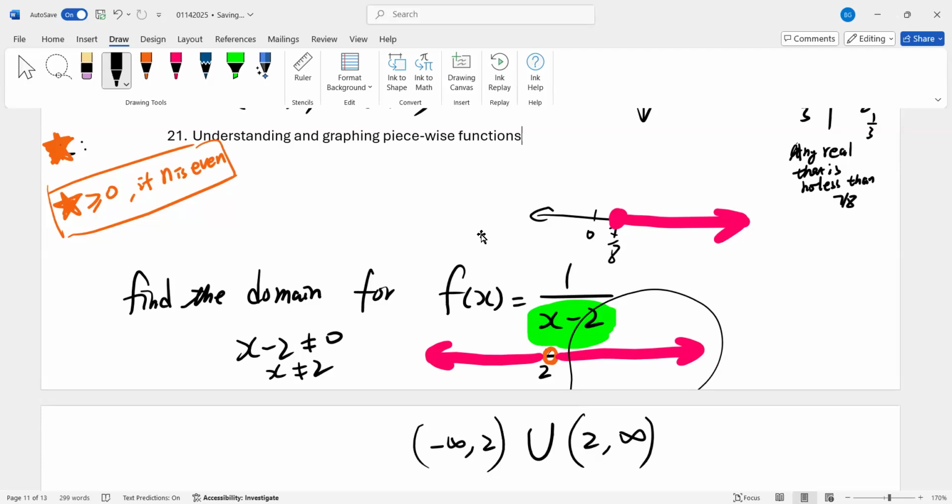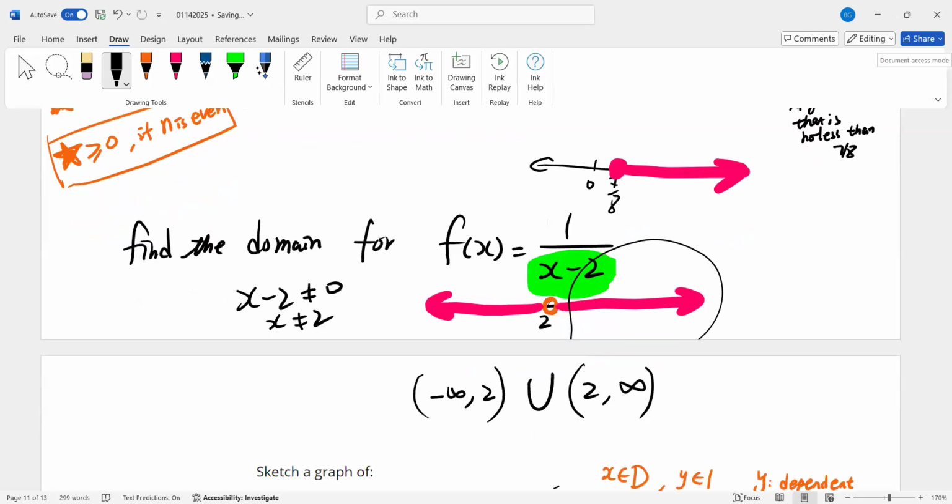What if I give you another function that you need to help me find the domain for? What if I give you the function, let's say g of x equals 1 over 2x plus 1? How do you find the domain? Yeah, I made the denominator a little bit more complicated.